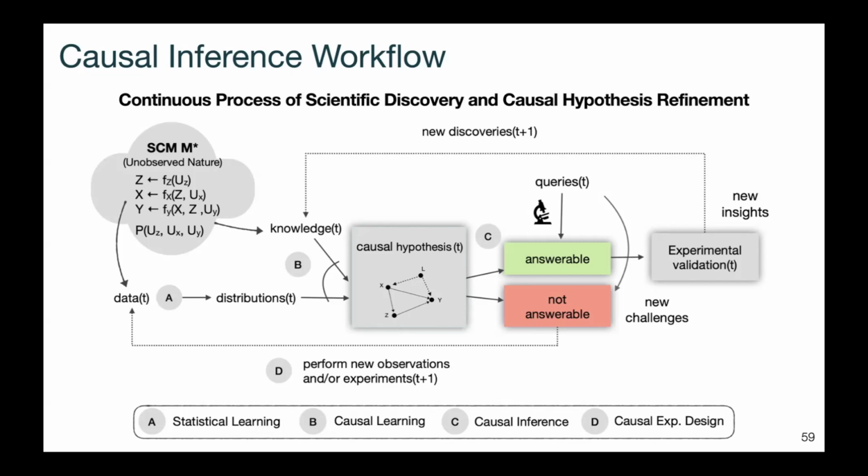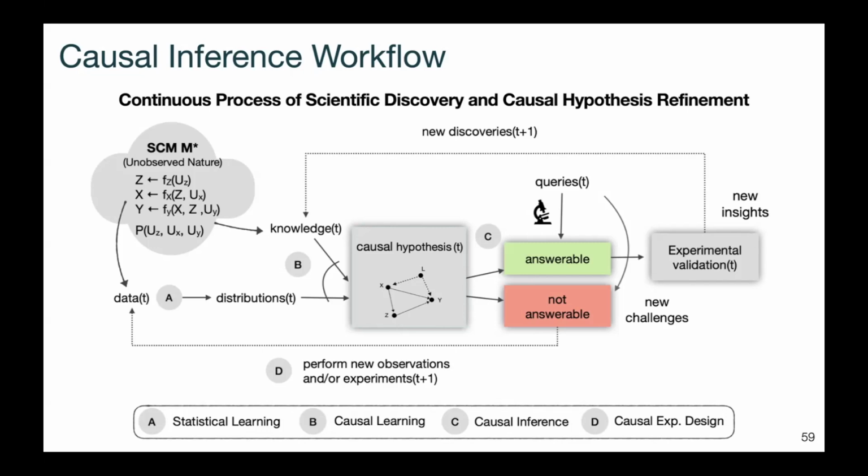Of course, I have cases where there's no answer. So something that I haven't talked about here is causal experimental design. You could then try to design experiments, could be just observing new variables, running randomized experiments, but which is the best or the optimal approach so that when I go back to the loop, I have something that maybe is answerable.